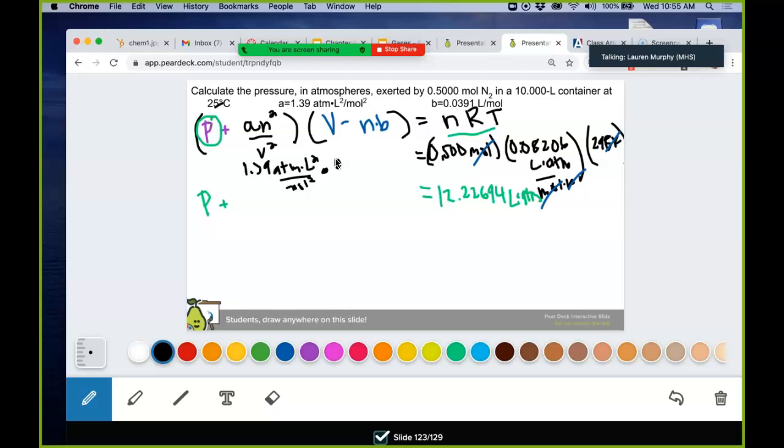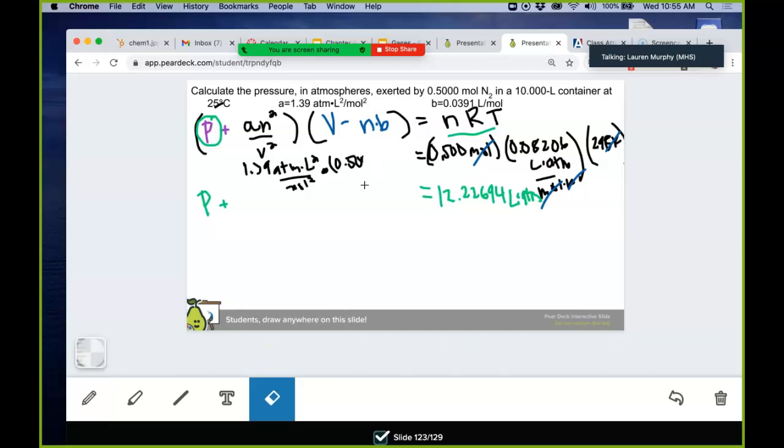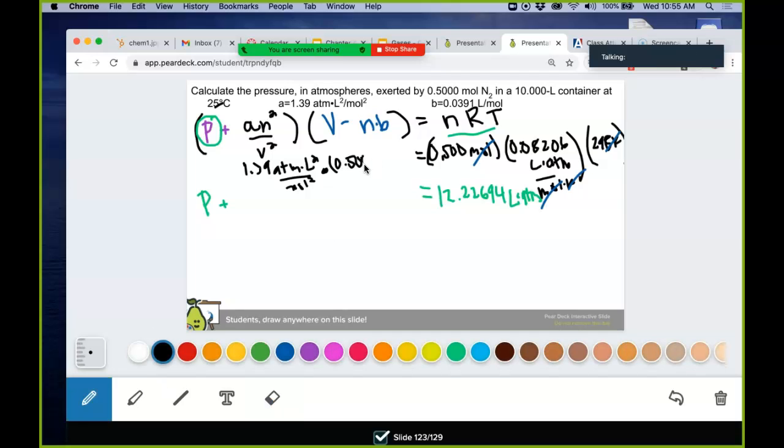That's 0.5 squared, right? Oops, I want to write the units. A times N divided by volume squared. Well, the volume is a 10-liter container, and that's going to be squared. So that's going to be 100 on the bottom, right?